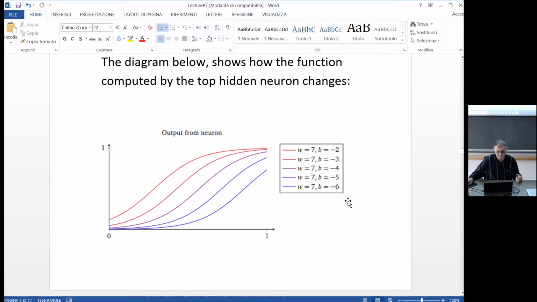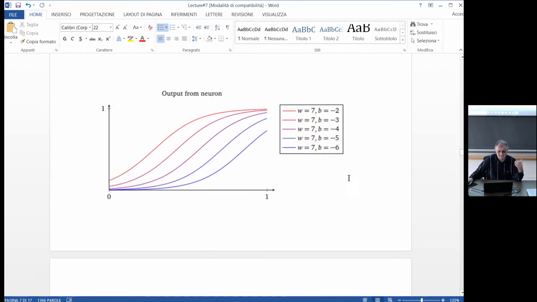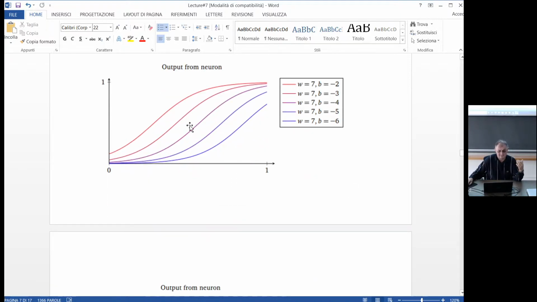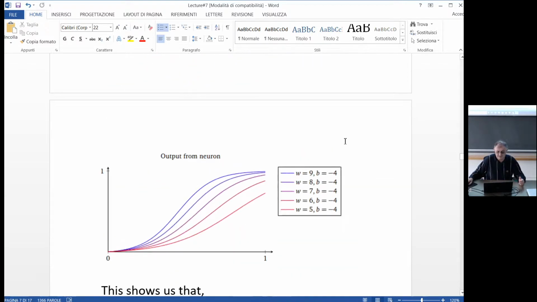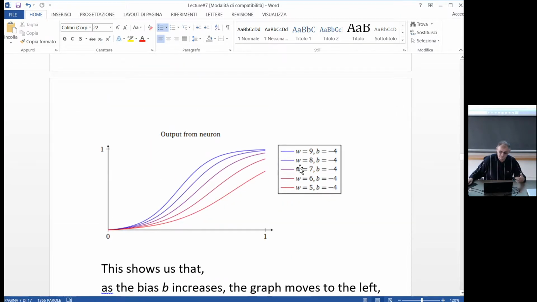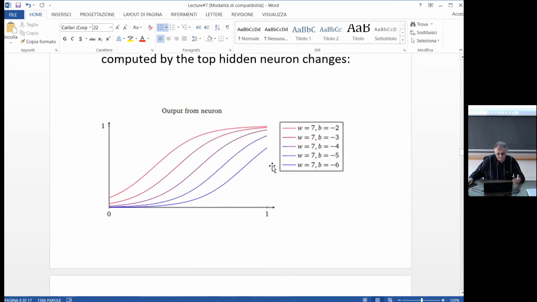The first diagram shows that with, for example, w fixed equal to 7, we change only the bias, and we can see the graph of the activation function move. Then we fix the bias and change the weight, and we get another transformation of the graph.